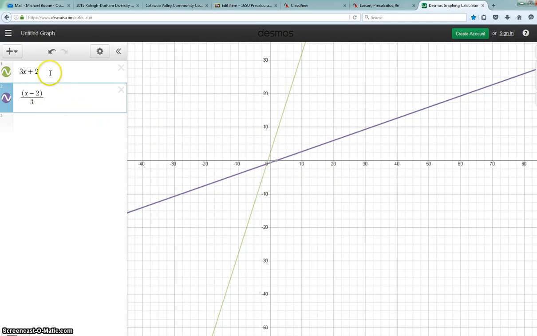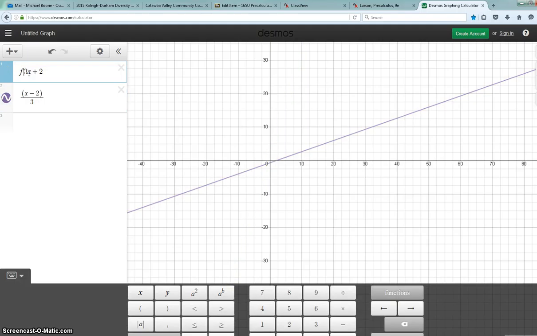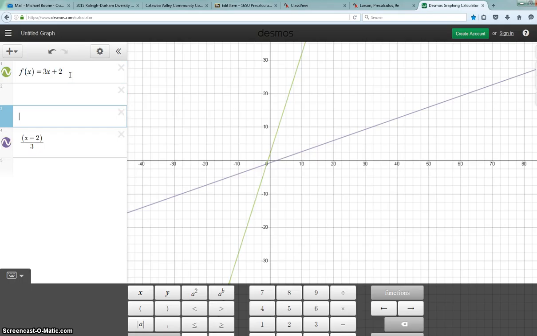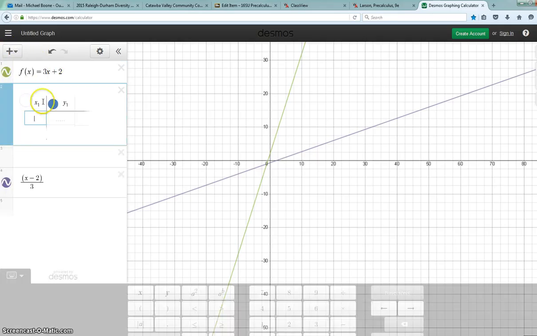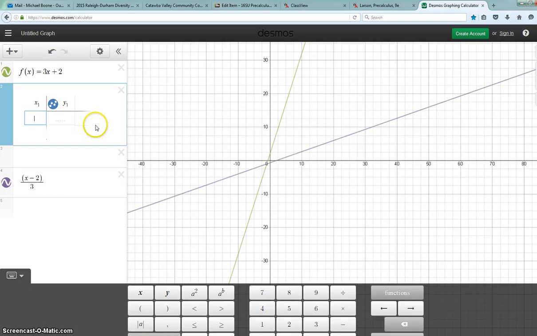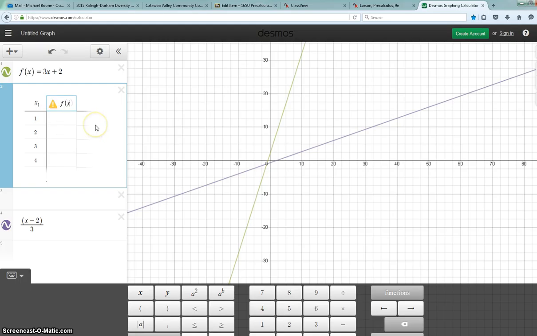So let's find some values for this function. And let's use a table. So if I have a table that I put in here, and let's just do 1, 2, 3, and let's find out what its y value is. And so there are those points.